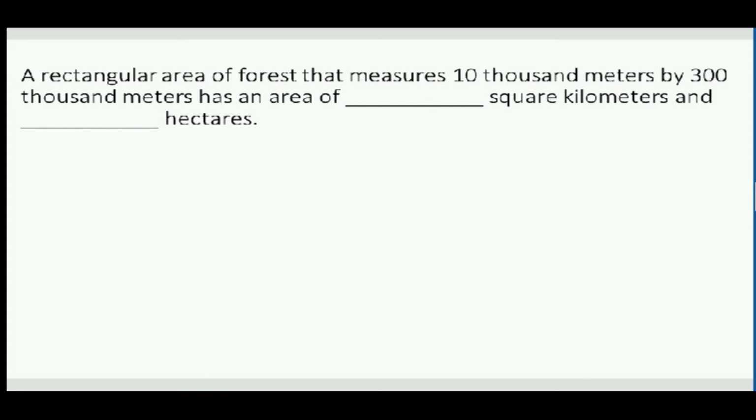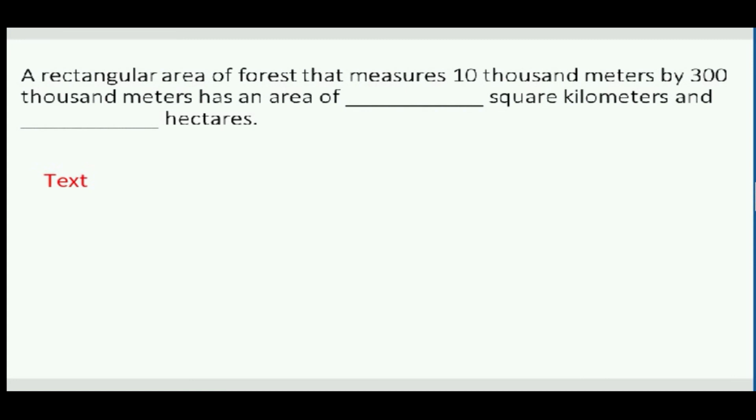So this is 10,000 times your 300,000, then you're going to get 3 e to the 9 meters squared.